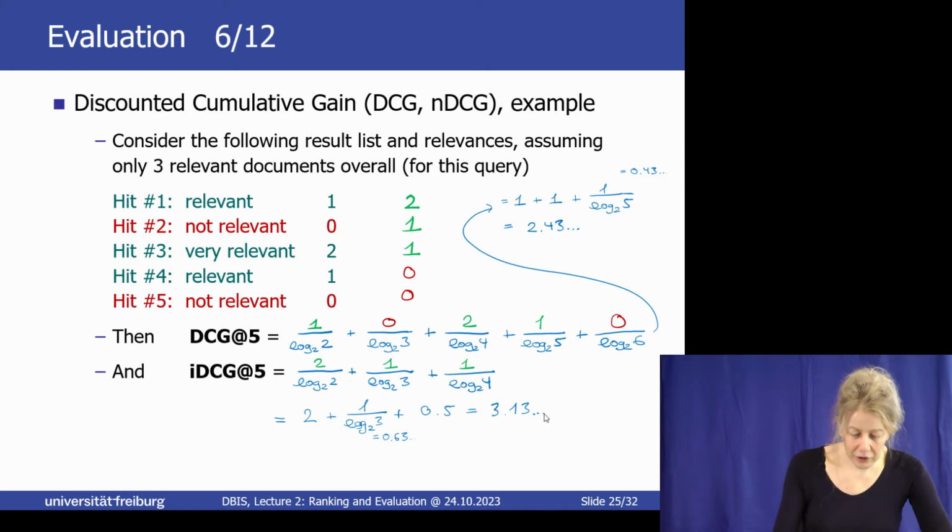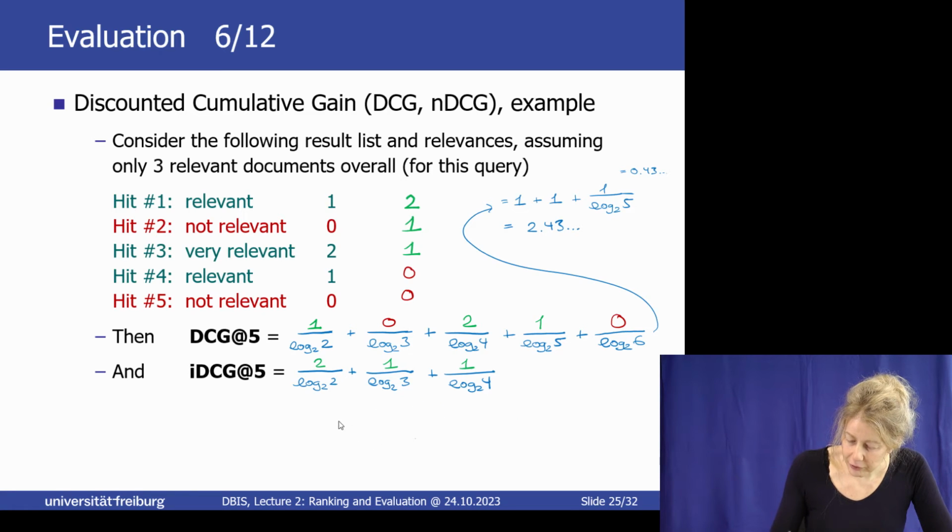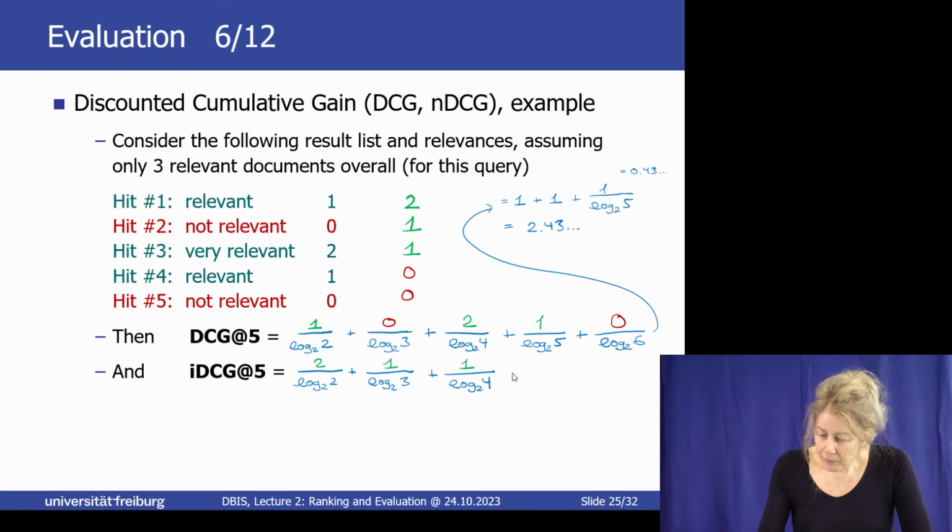I think I will just write it again. That's fast. 0.63. You have to remember 0.63. So this is 2 plus 1 over log 2 of 3 plus 0.5, which is 3.13 dot dot.